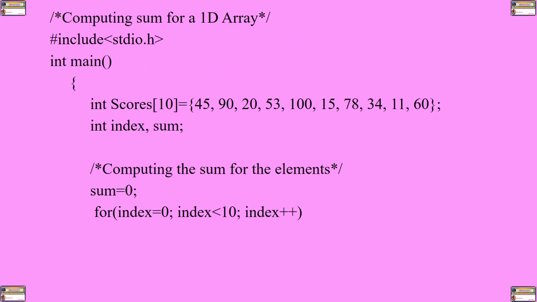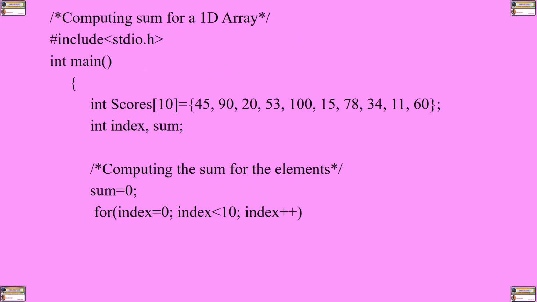So we have 0 plus 1, which is 1, and then that 1 is reassigned back to index. So currently the value of index is 1.